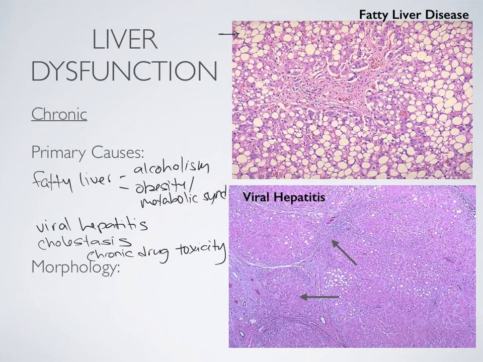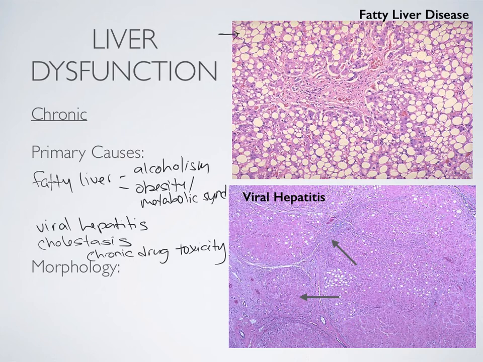Fatty change is an early sign of hepatocyte injury, but it's still completely reversible. So if increased adipose tissue is the cause, and a person loses weight and starts eating healthier, fatty liver disease will completely reverse itself and go back to normal. If you have an alcoholic, somebody who's been using alcohol for maybe 10 years, or binge drinking, actually, can cause fatty liver disease after just one massive influx of alcohol.